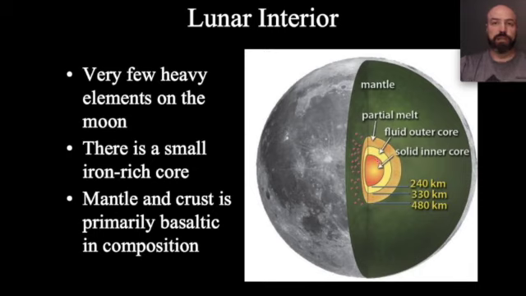If you remember that the more dense something is, it sinks, and lighter things float up. So the iron is the heavier stuff, and so it's down towards the center. The mantle and the crust are primarily basaltic, which is on the igneous side of things as far as rocks go.